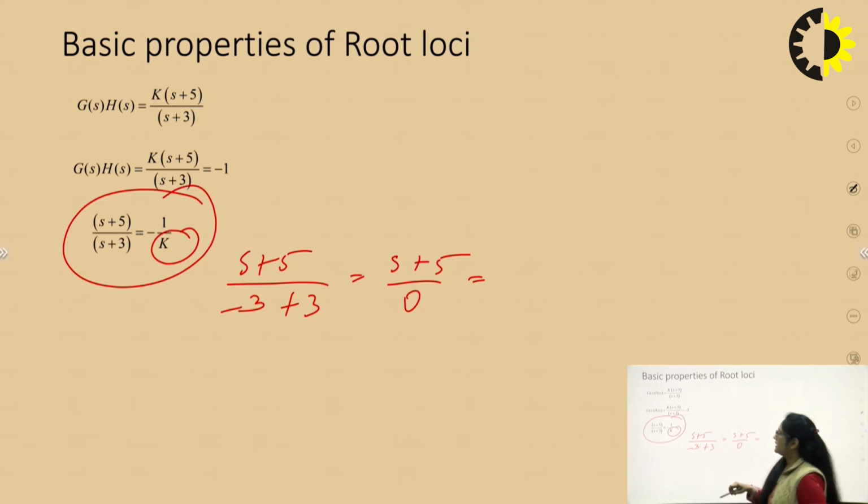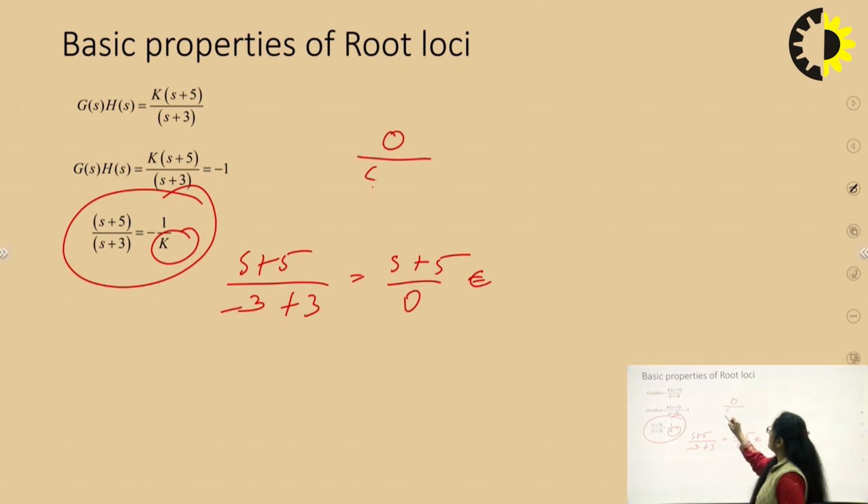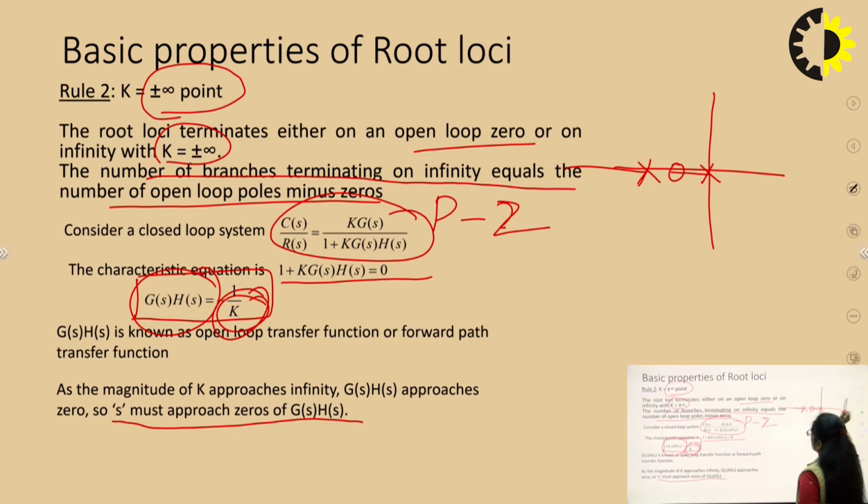And when S is equal to minus 5, that is, when S approaches the zero, then this becomes 0 upon s plus 3. So the second case is when S must approach the zeros of G(s)H(s).